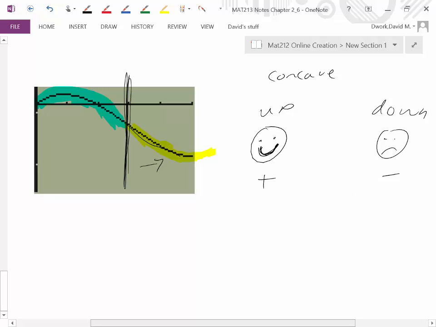Now, why is the negative and positive really important? Well, the other way we can see it is by looking at second derivatives. When I look at the second derivative values, concave up is positive, so the second derivative is greater than 0, where concave down would be negative, less than 0.